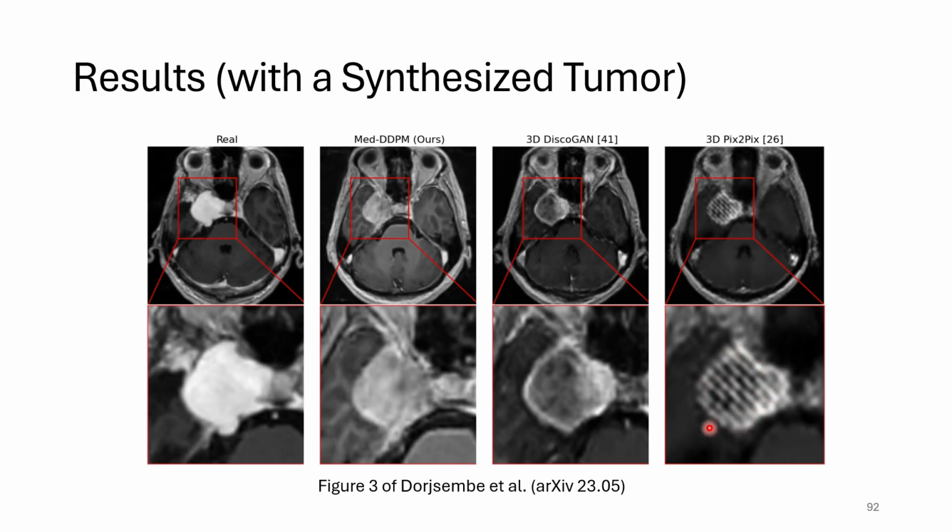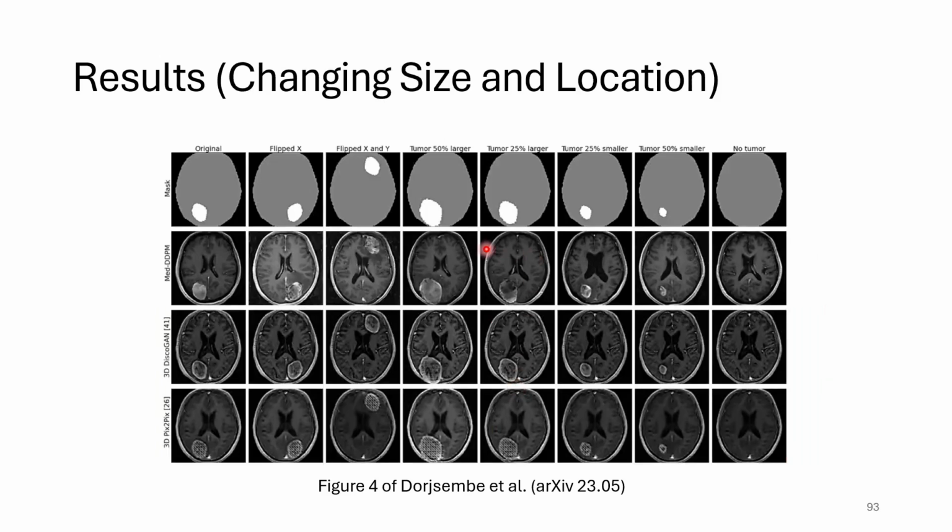They claim a tumor should not look like this. And because those tumors are generated, they can use their input conditional factor. They can control the location and the size of the tumors.